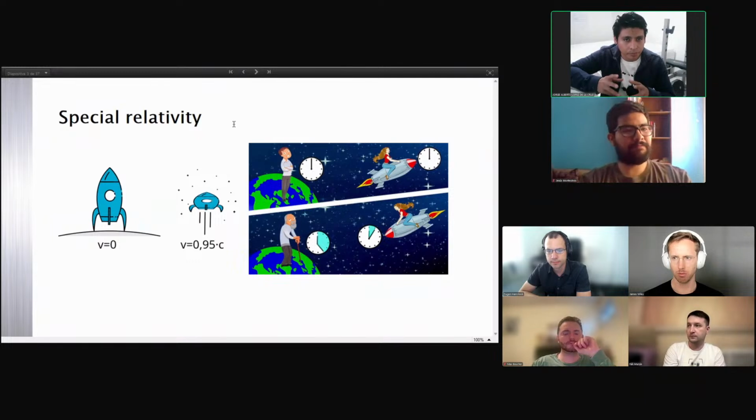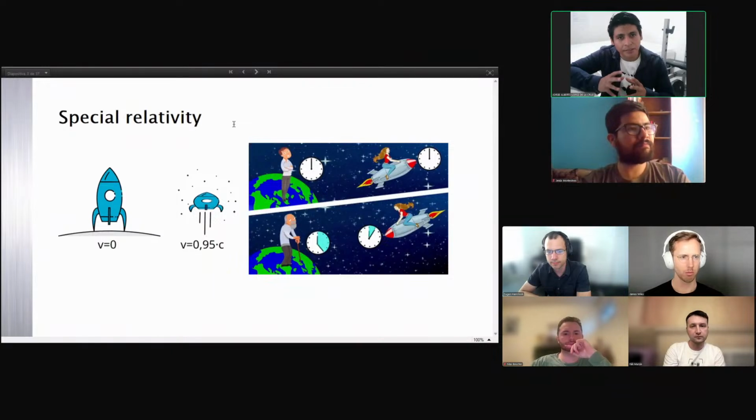When matter moves close to the speed of light, some strange behavior happens. For example, we have length contractions and time dilatations.